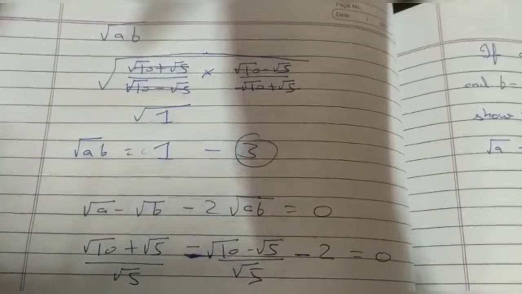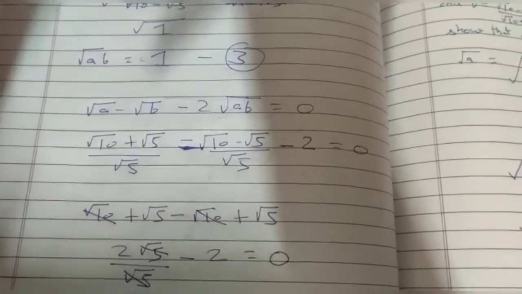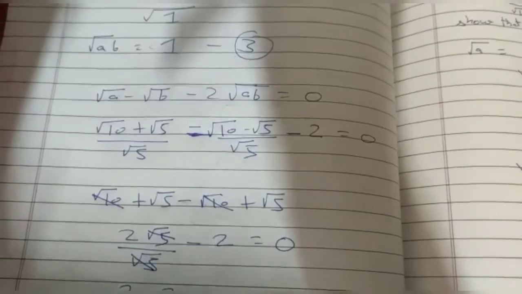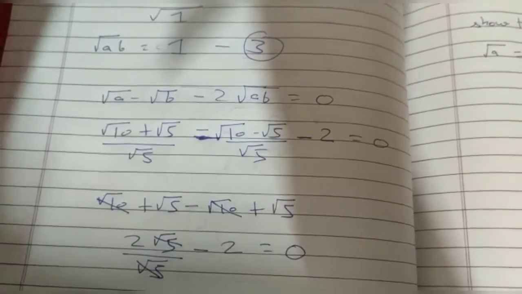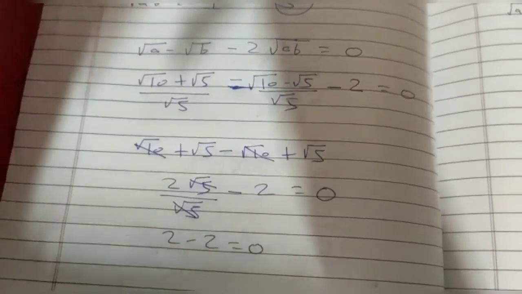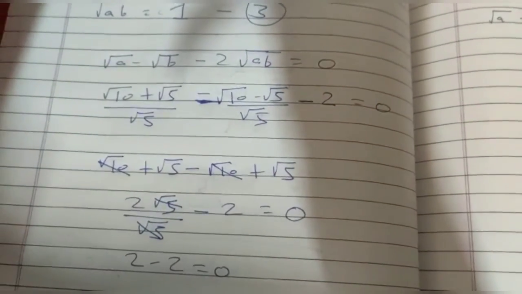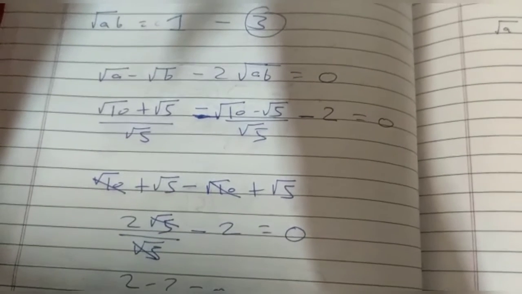Then I calculated root ab and I got its value after cutting, and then I solved for this equation. I put the values of these in this equation, and after solving I got that 2 minus 2 equals 0. So hence I have proved this.